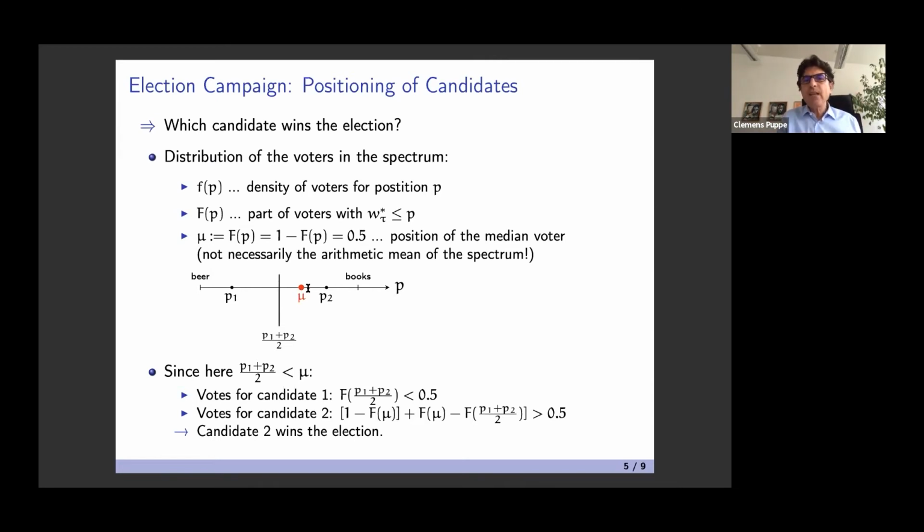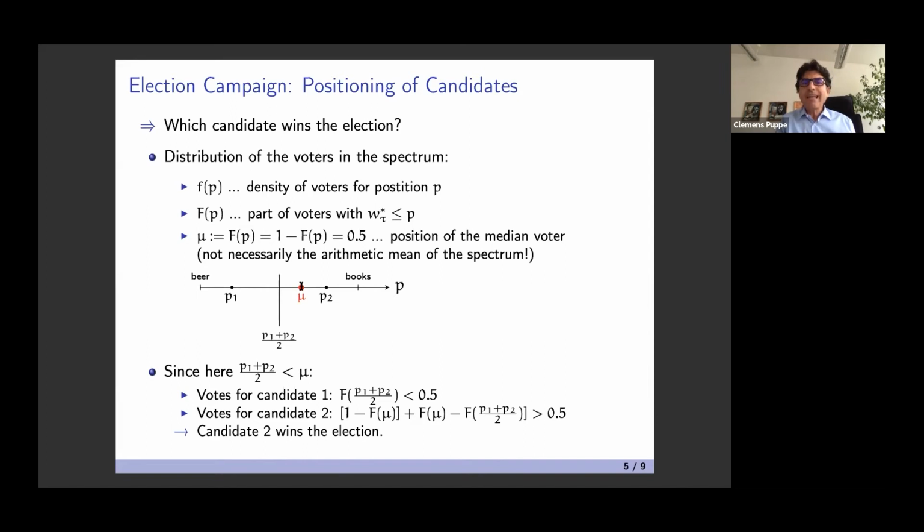It could be anywhere, actually. It depends on the distribution. So if f is the cumulative distribution function of this distribution, then mu is the point where 1 minus f of p is 0.5. That means half of the mass of the distribution, half of the voters, is to the right, half of the voters is to the left.